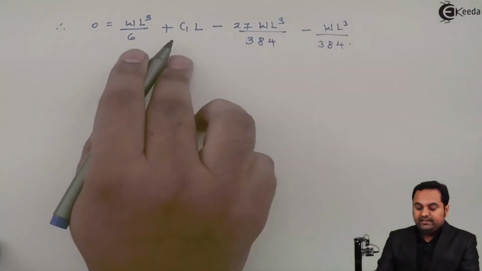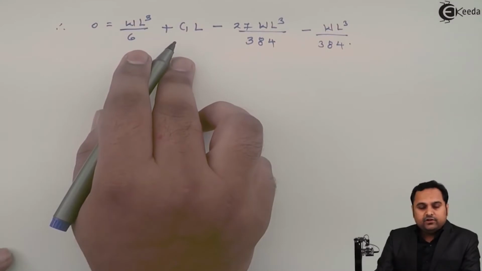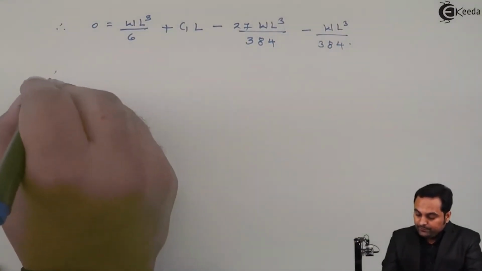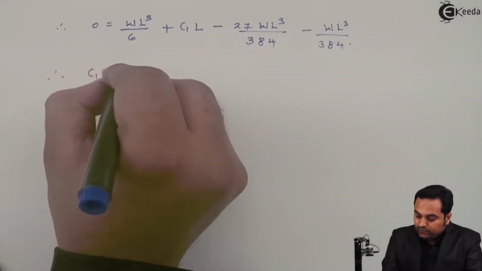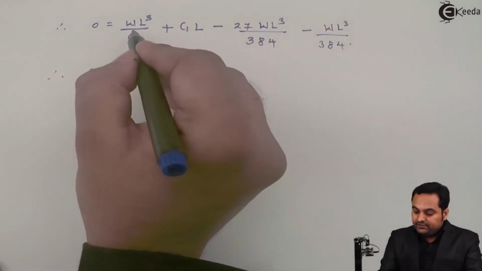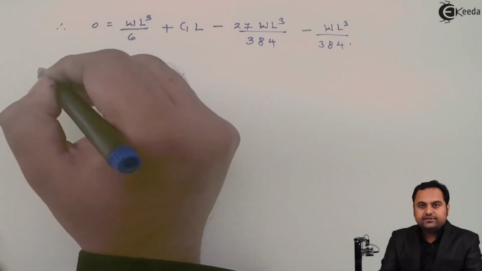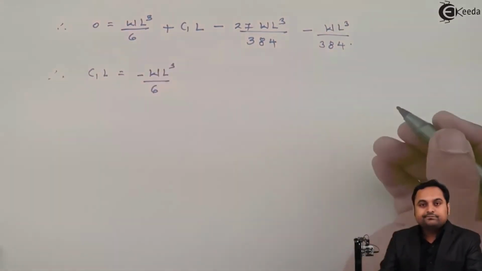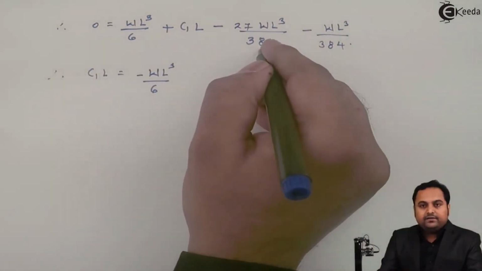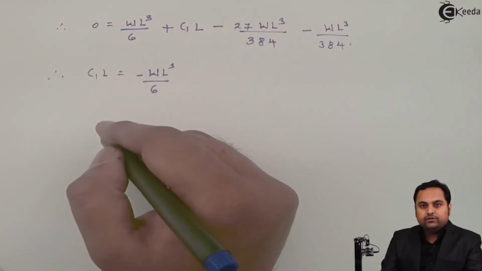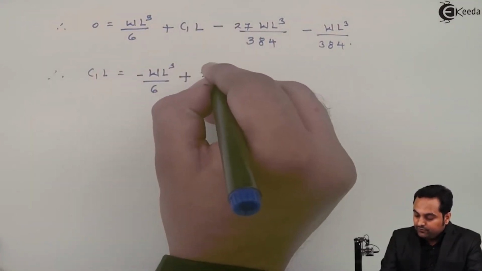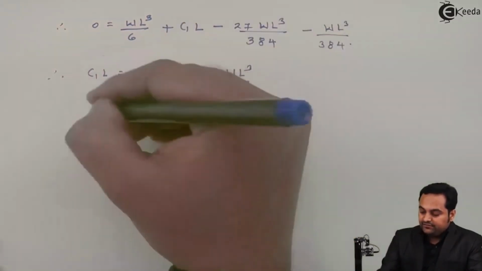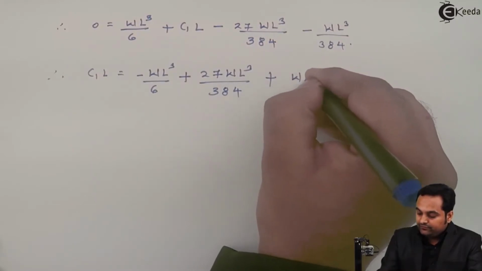Now I want the value of C1, so I'll keep C1 on one side. So therefore C1 into L will be on one side. Next, WL cube by 6, send it onto the other side, so minus WL cube by 6. 27 by 384 is negative; if I send it onto the other side, it becomes positive. This term is negative, send it onto the other side, so positive.